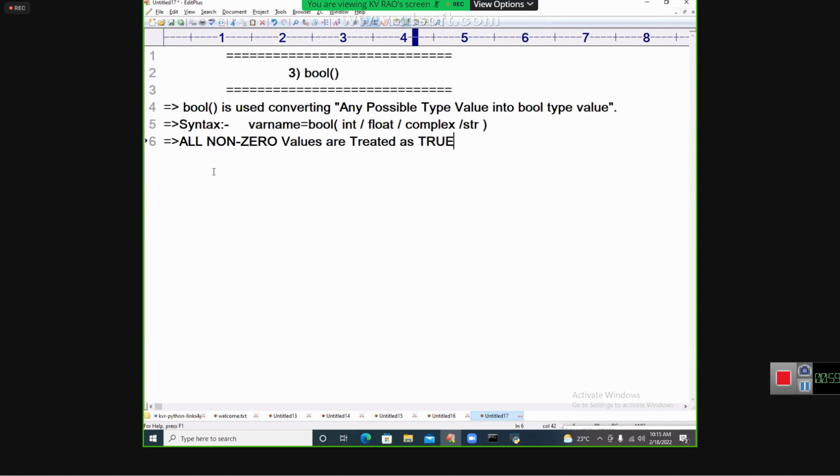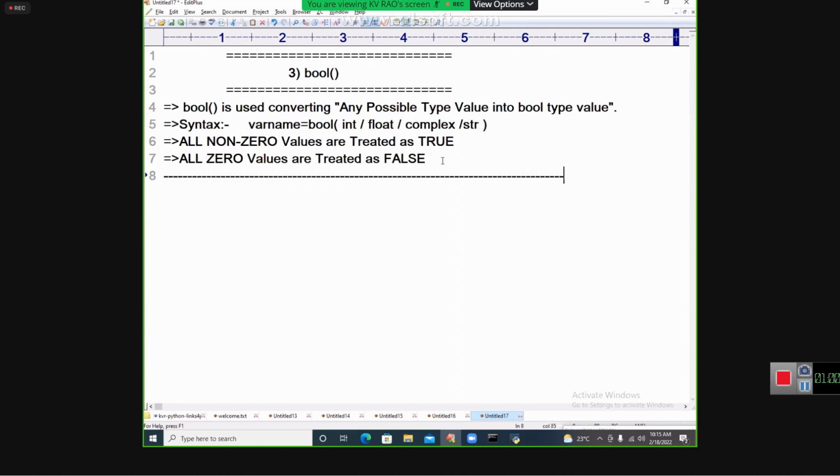Because you need to be careful, don't answer by yourself, read my point. All zero values are treated as false. If you go out of this coverage area, I'm not responsible. That's it. Now read that.